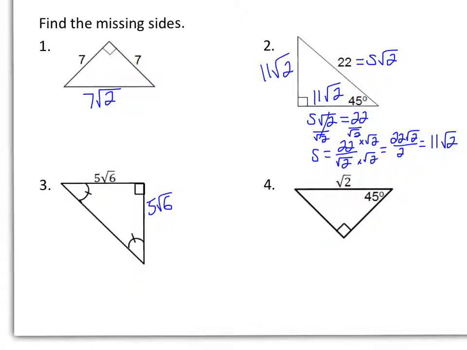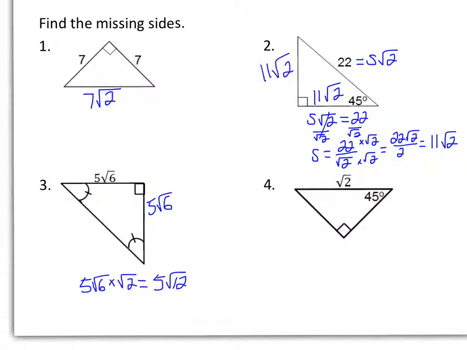Then to find our hypotenuse, I'll take 5 square root 6 times square root 2. Now remember, radicals hold similar properties as variables, so I can multiply coefficients. 5 times 1 is 5, and then square root 6 times square root 2 is square root 12.